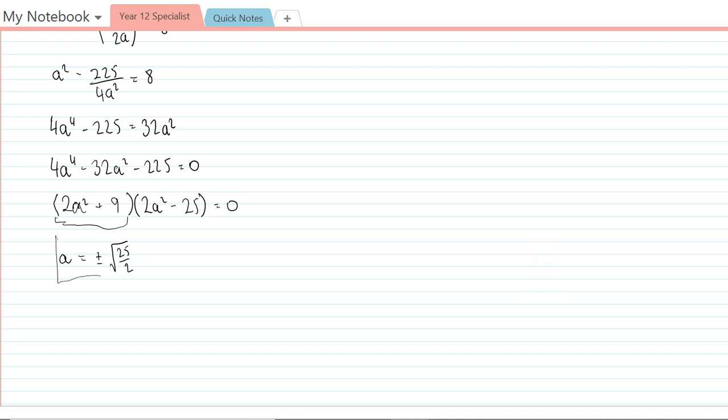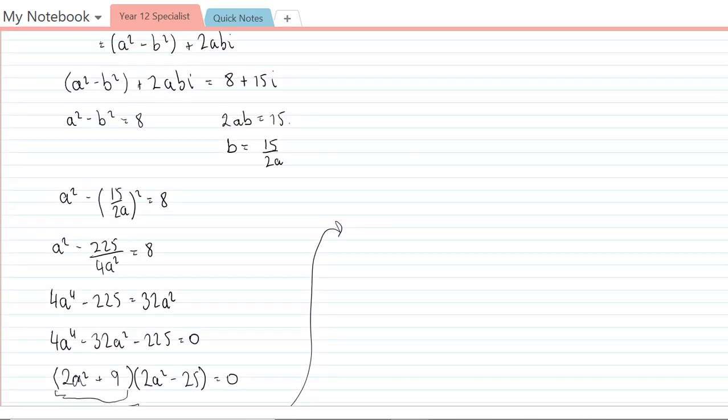And so I can get some b values based on this. I'll continue this up here. So when a equals the positive square root of 25 on 2, we're going to get b equal to 15 over 2 times the square root of 25 on 2.